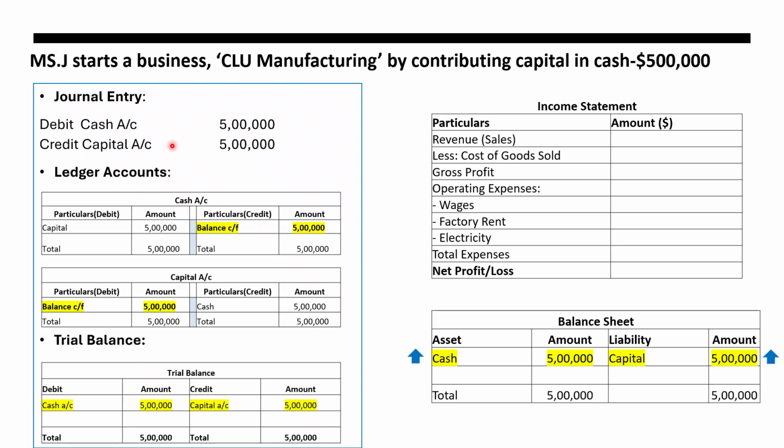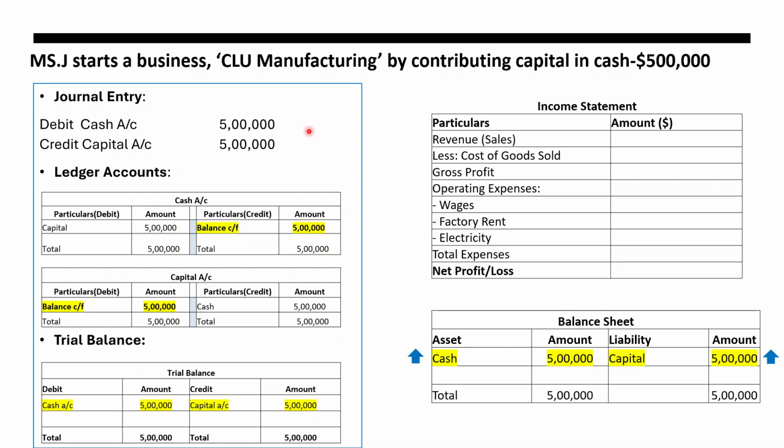The other leg, which is the credit, we have received from Ms. J a capital of 5 lakhs. So that's in the nature of a personal account. Ms. J's capital account is a personal account, and we have applied the rule for personal account, debit the receiver, credit the giver. So here J is a giver, so we have credited J's capital account. So this is the journal entry for this transaction.